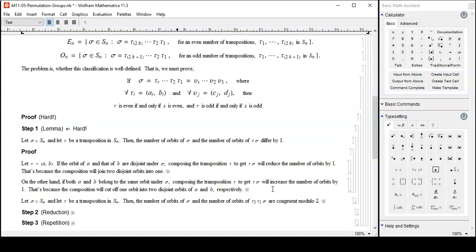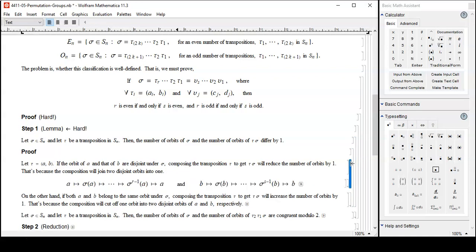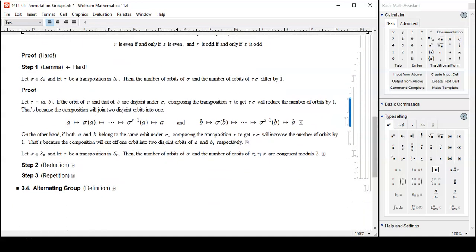By the way, recall that we are talking about orbits which are equivalence classes, and equivalence classes are either identical or disjoint, nothing in between. So disjoint, case 1, identical, case 2. In the case of disjoint, we have one orbit for A and another disjoint orbit for B. And A has length R, for instance, B has length S. Those numbers R and S are not that important, actually.